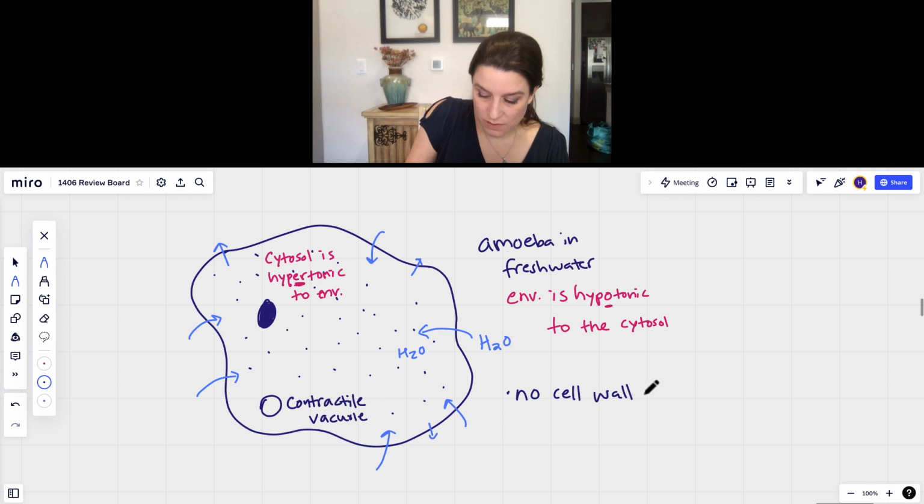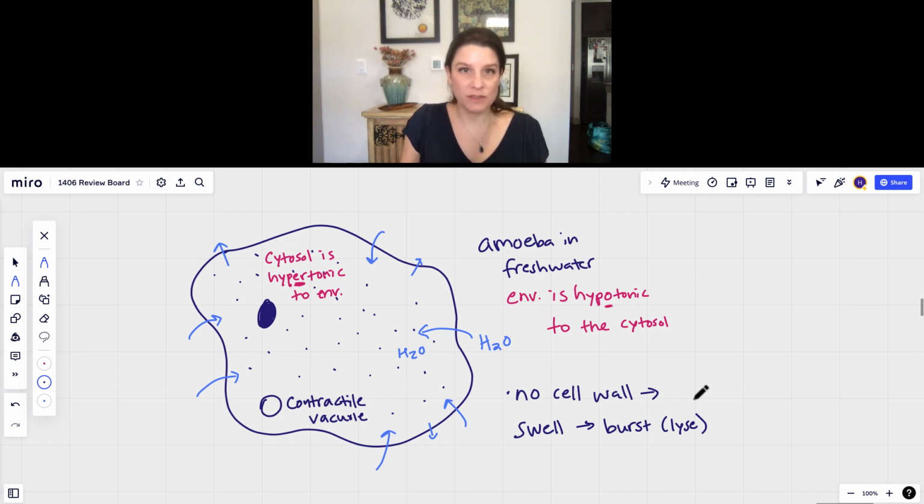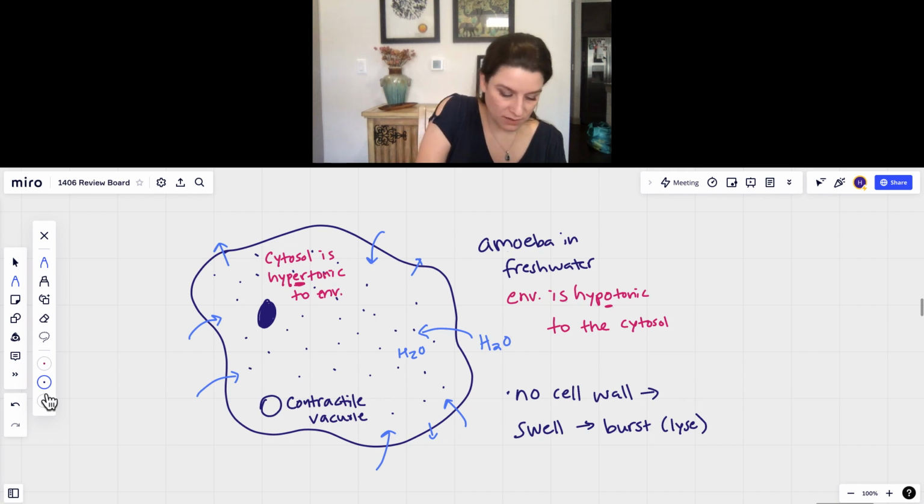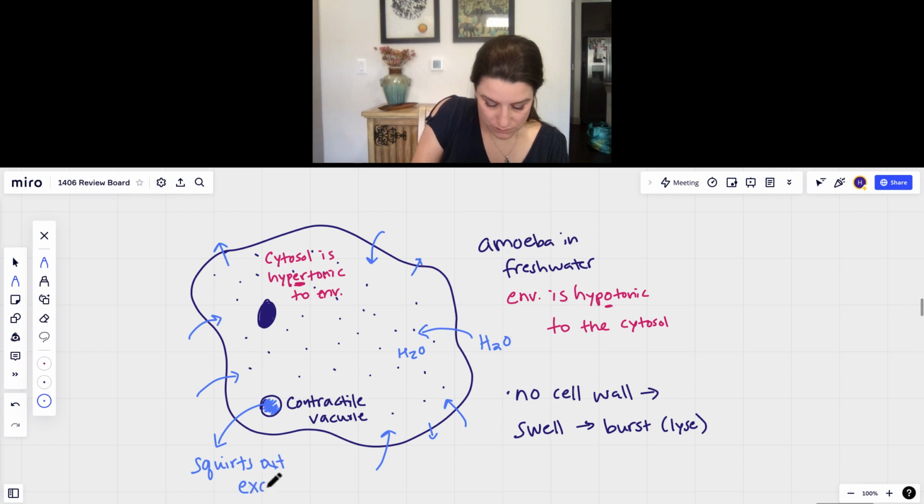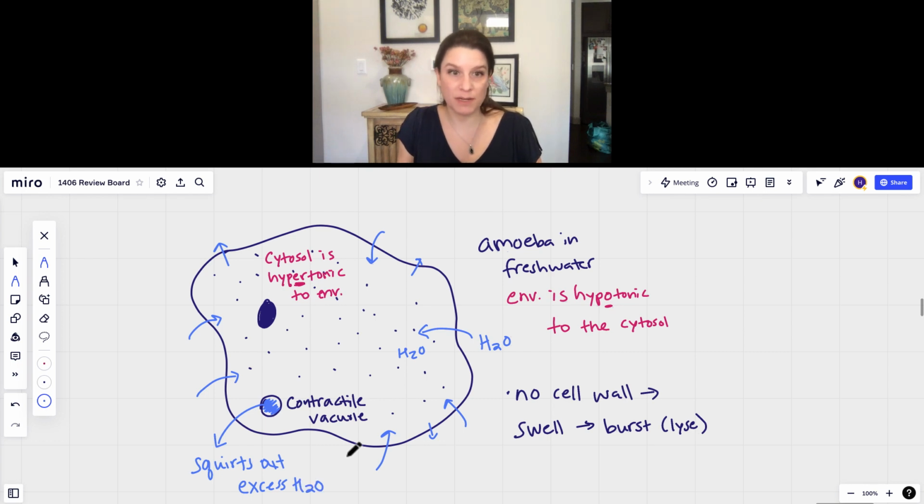So with no cell wall, the cell will swell, and eventually it could burst or lyse if we don't have some way to get the water out. And that's why the contractile vacuole is there. It fills up with water and then squirts it out, which is what prevents the amoeba from exploding.